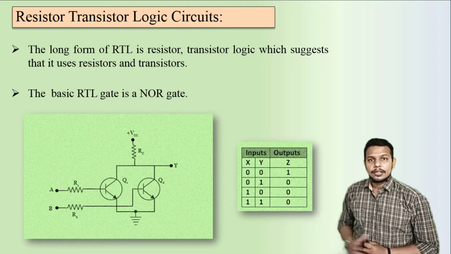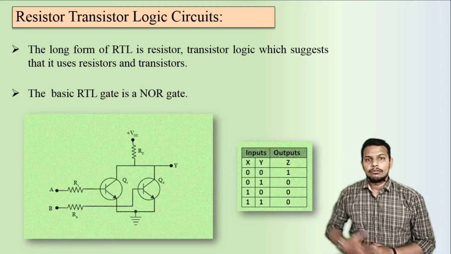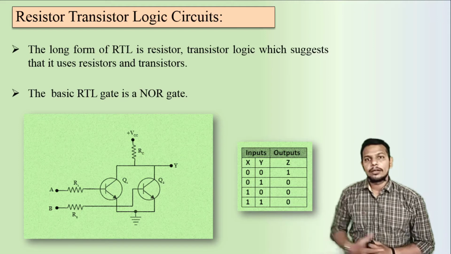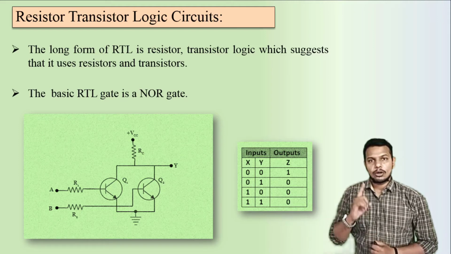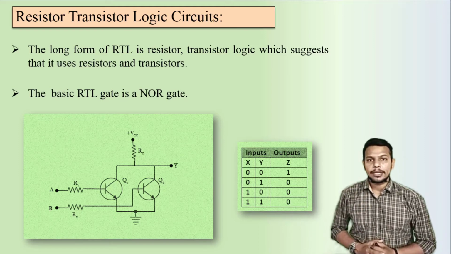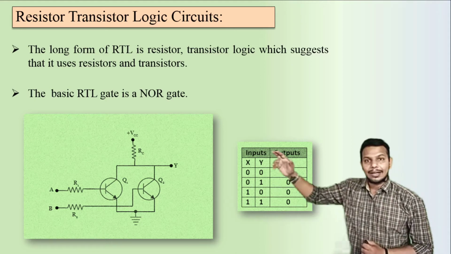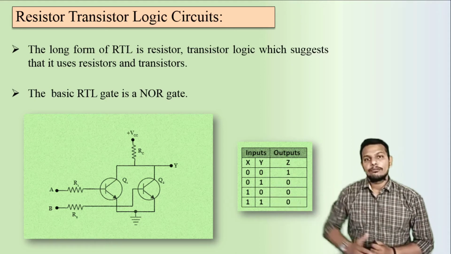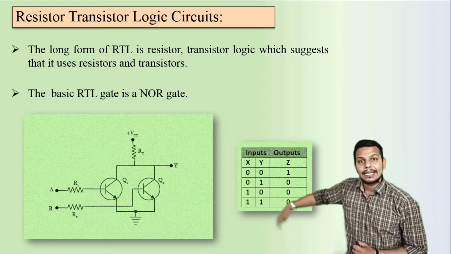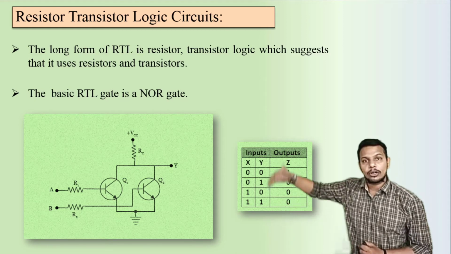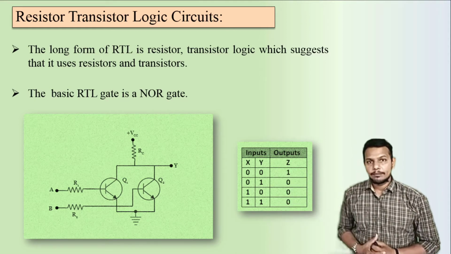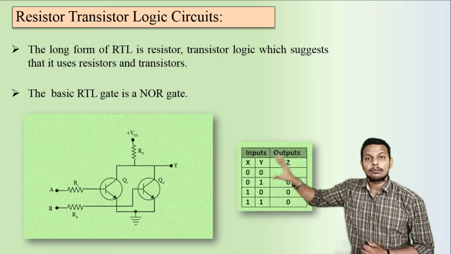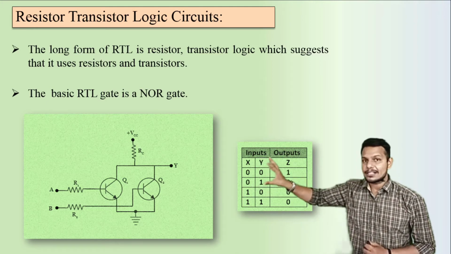Now if I enter 0 1, at this time your Q2 will be on and Q1 will be off. That means at a time one transistor will be working. Because your IB is flowing, your collector current IC is flowing. So there will be a voltage drop across this RC.